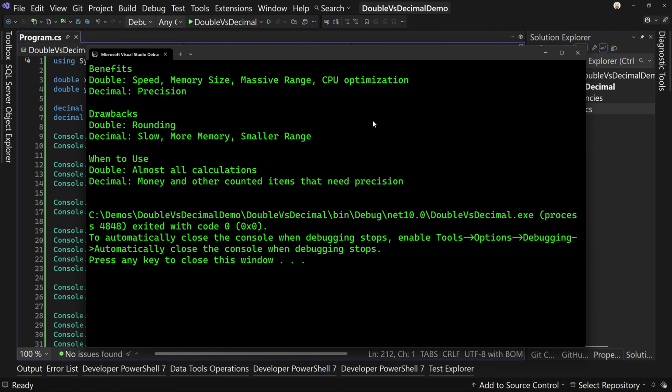Okay, so when to use? For doubles, almost all calculations. If you're trying to measure something, you're almost always using double. Again, think about this. When you're measuring speed, it's miles per hour. We're not talking about super fractional things. And even if you had fractions, like 60.356521, that can still fit in a double, and the rounding issues will be barely noticeable.